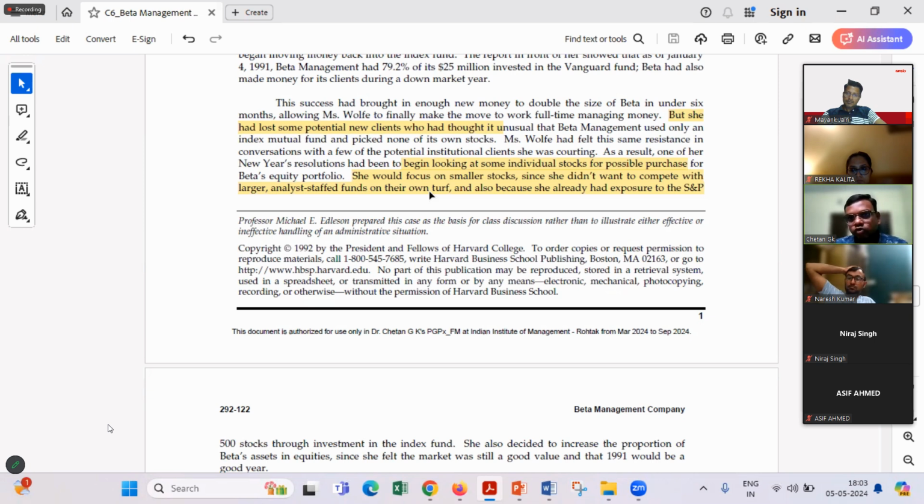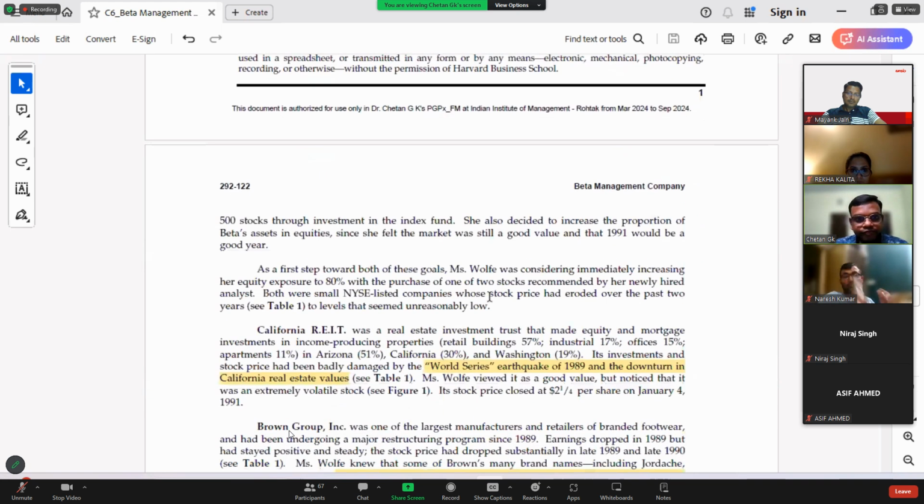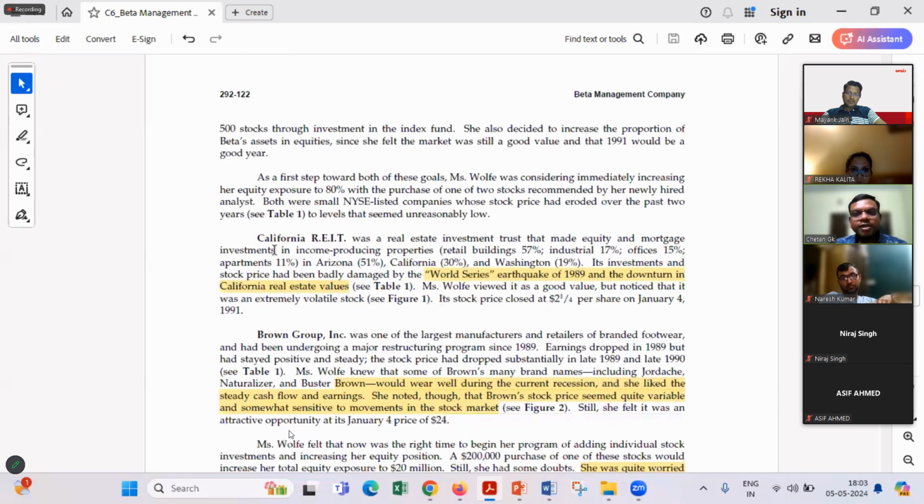That is the reason she found California REIT and the second one, Brown Group Incorporation. These are the two companies she found. You can go through why she felt like going to these two companies.